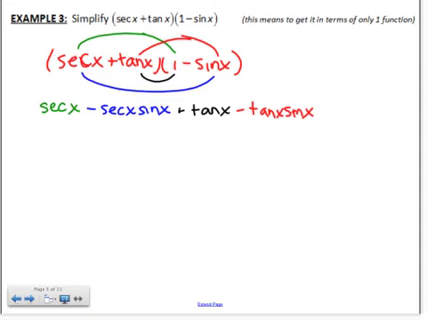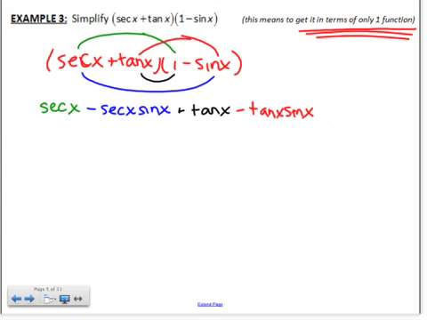So now I'm going to use my identities that I know, my reciprocal identities, to get everything in terms of sine and cosine. By the way, you'll notice that there's no equal sign. So when there's no equal sign, what we're trying to do is get your problem into terms of one function only. So first, let's get it to sine and cosine and see what we can do from there.